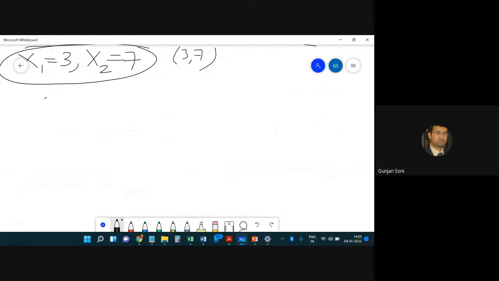So for x1, x2, and here we find the square distance to the query instance.